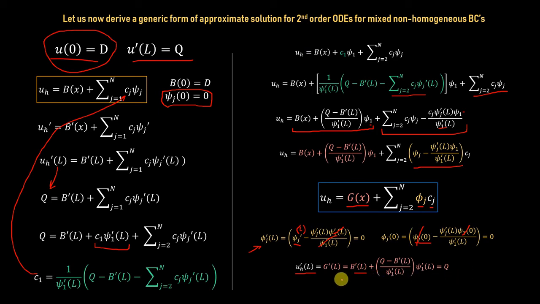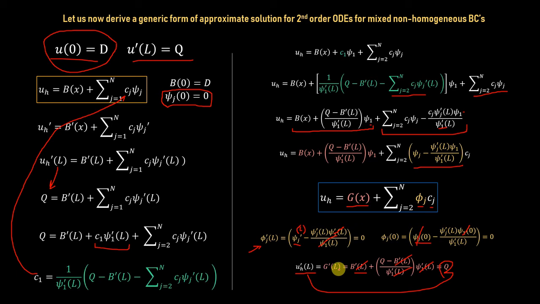From here, this cancels, this cancels, and what is left is Q. So UH dash L is equal to Q. So we have everything now.